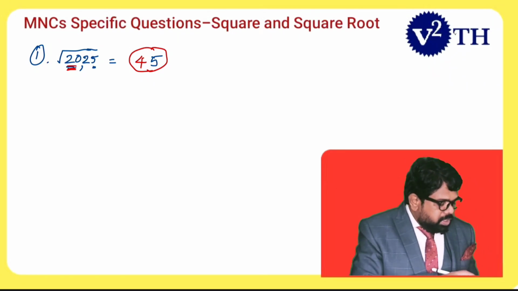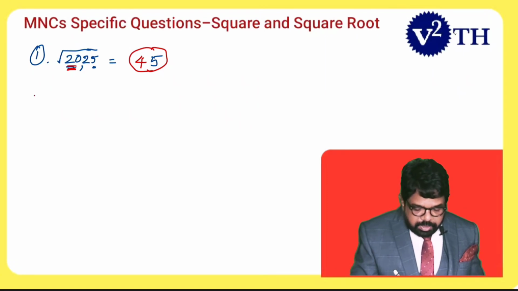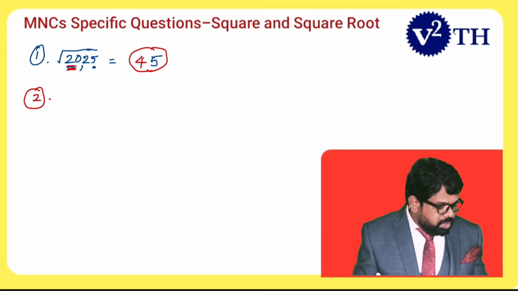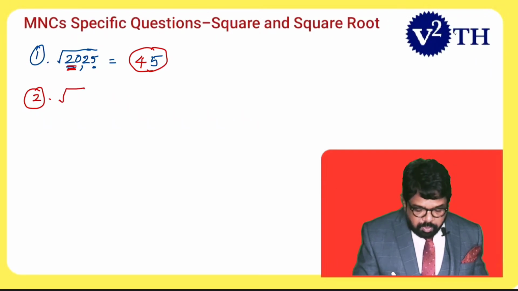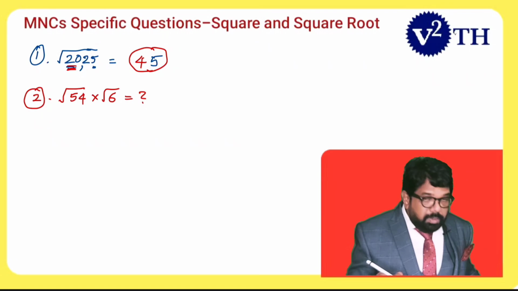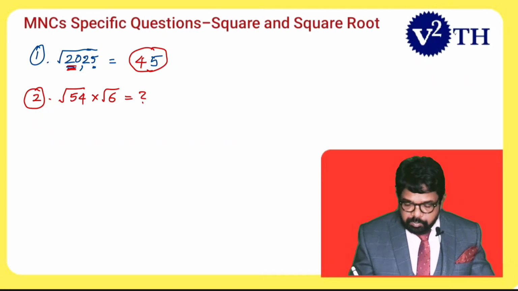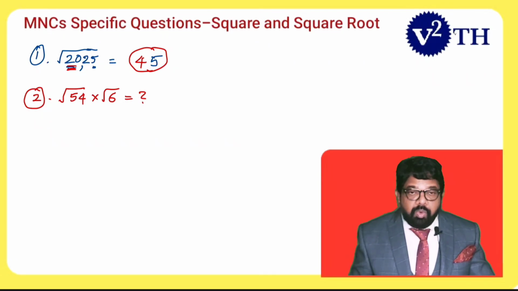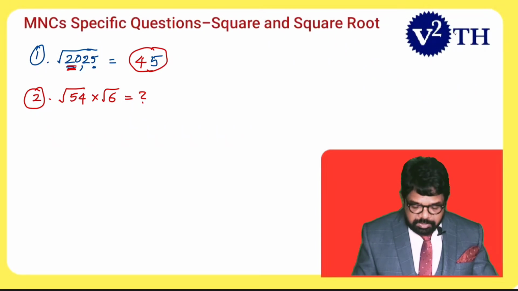Now what is question number 2? All of you see the material, open your booklet. Question number 2 is root 54 into root 6. What is the value of this? How can you simplify it?